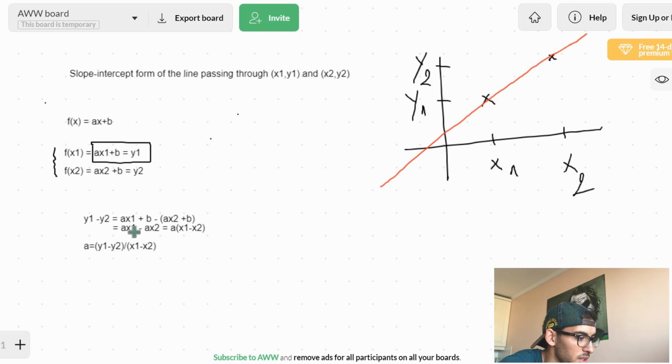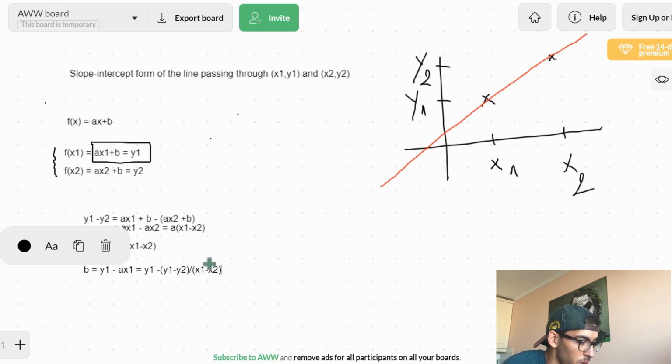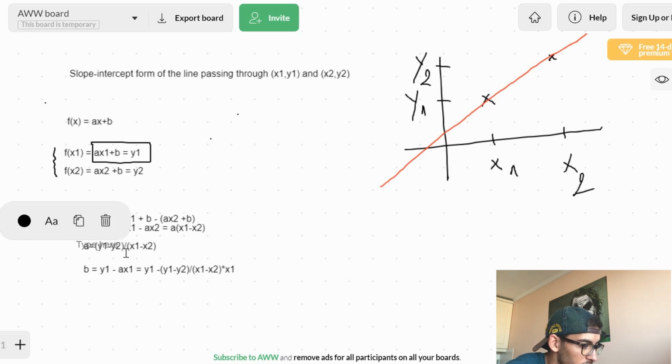So you're left with b, and b would be simply y1 minus a multiplied by x1. I hope you get the idea. Now we have a and b, so we have the slope-intercept form of the line passing through these two points.